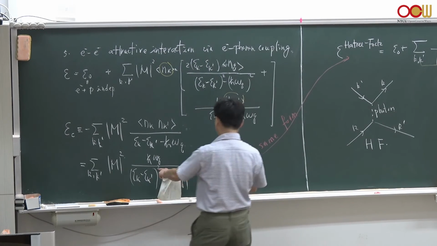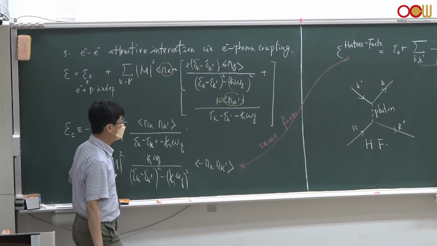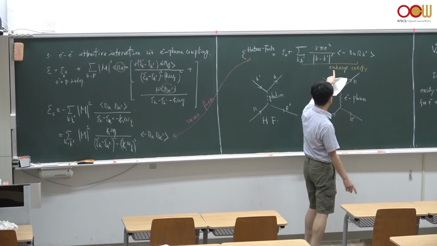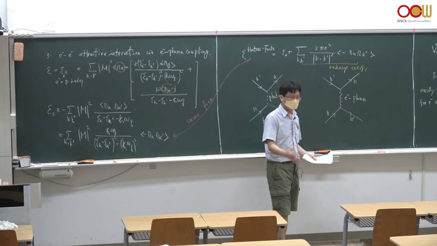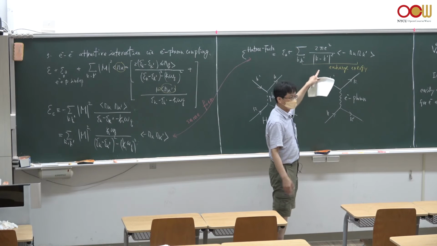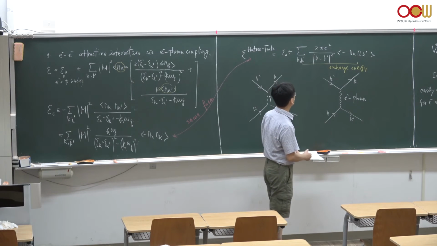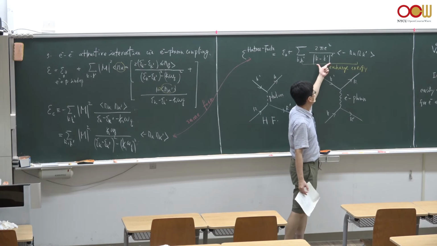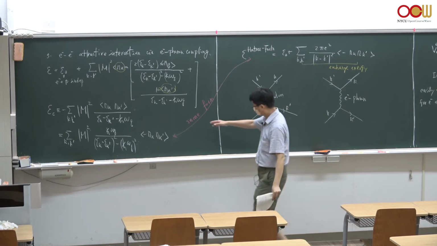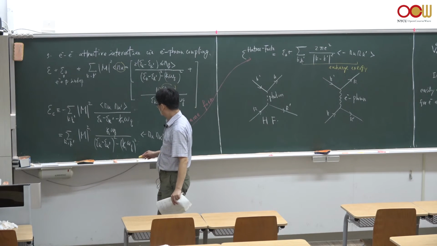So if you look at this expression over here and compare it with the Hartree-Fock energy, especially the exchange energy that we already studied a long time ago. Remember, for the Coulomb interacting electron gas within the Hartree-Fock theory, the exchange energy is given by this form, precisely the same form as this electron-phonon induced electron-electron interaction.